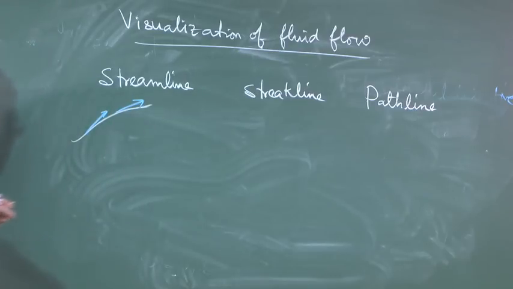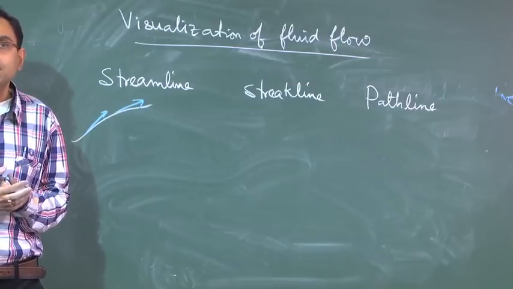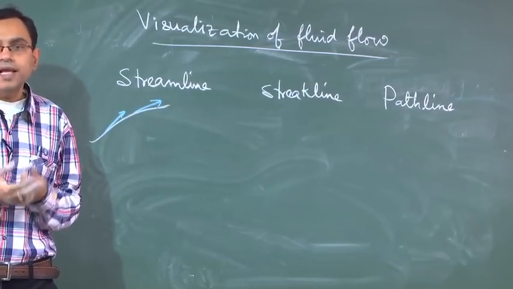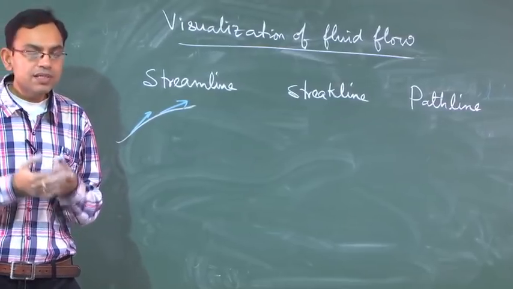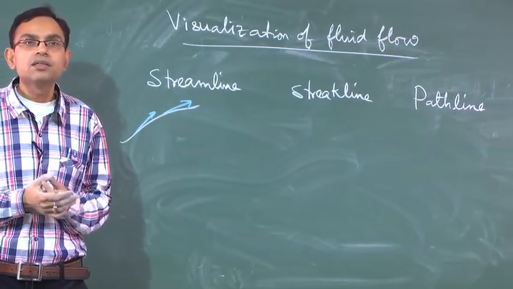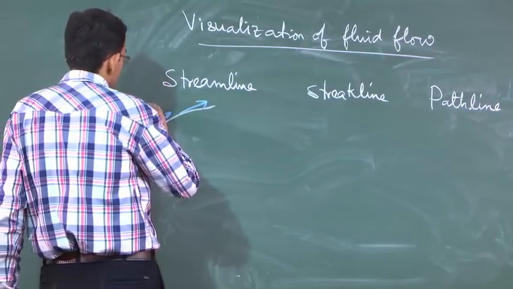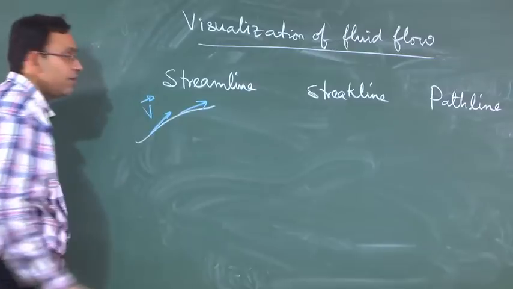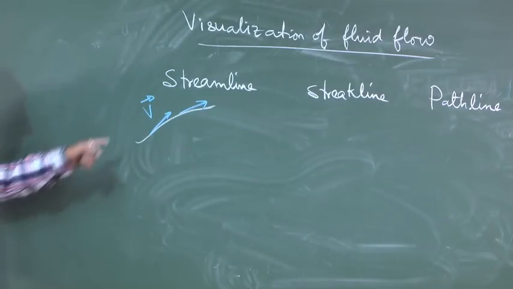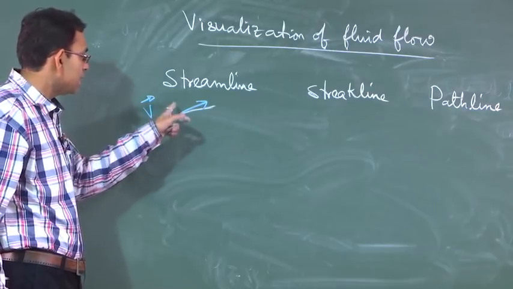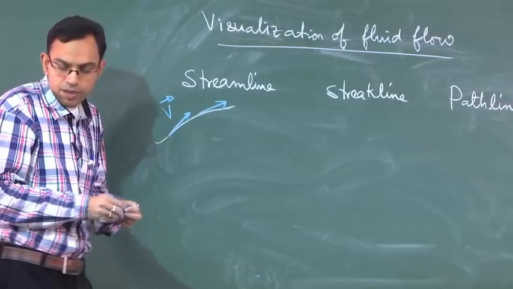Again I am repeating, streamlines are imaginary lines in the flow field such that the tangent to these lines at any point represents the velocity of flow at that particular point. So if you have a velocity v, then this vector must be tangential to the imaginary line which is the streamline.